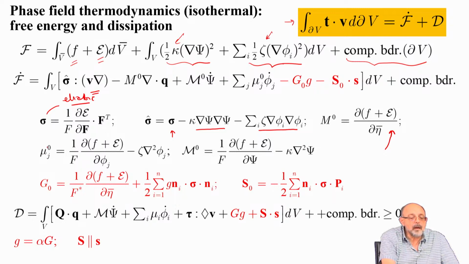And my phase field potentials, mu and m script, look like this. Partial of energy minus a Laplacian term, and here partial minus a Laplacian term, as usual. Now, my lattice growth, G, will have an energy conjugate G naught, which will consist of a stress projection.